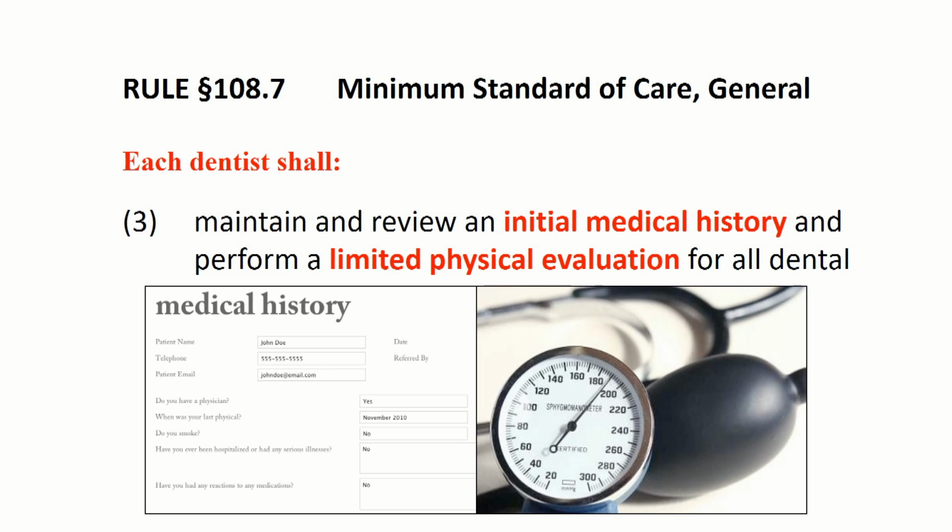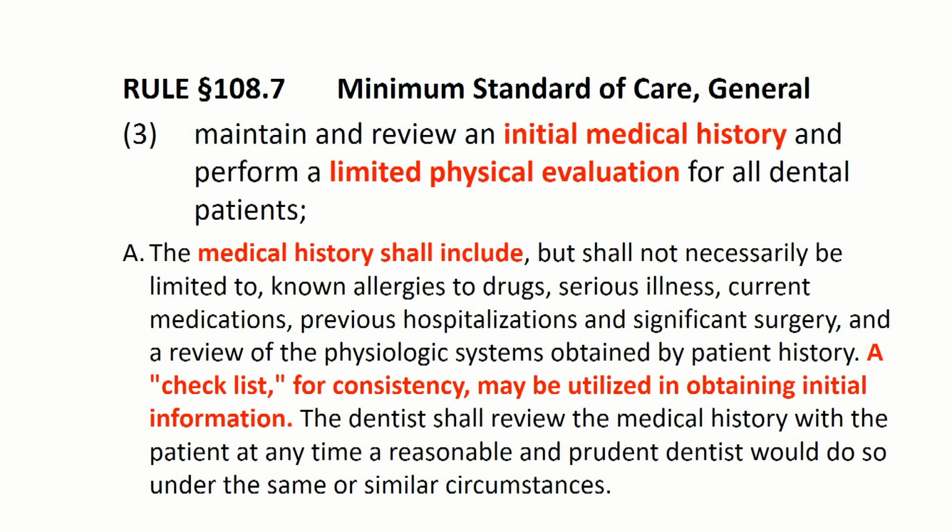Then that takes us to subpart A of this subpart 3, which states that the medical history shall include, but not necessarily be limited to, known allergies to drugs, serious illness, current medications, previous hospitalizations, and significant surgery, and a review of the physiologic systems obtained by patient history.